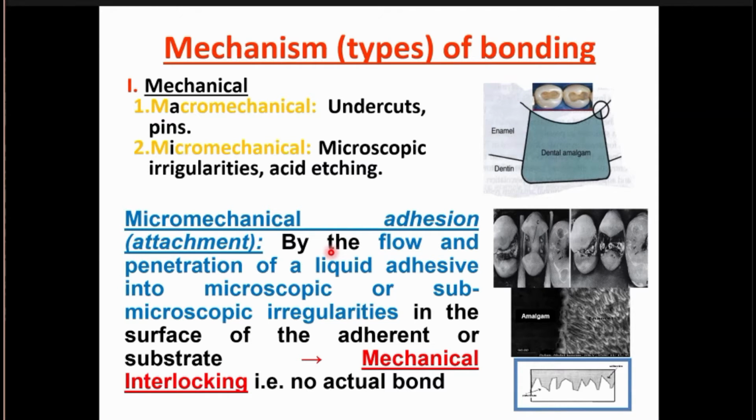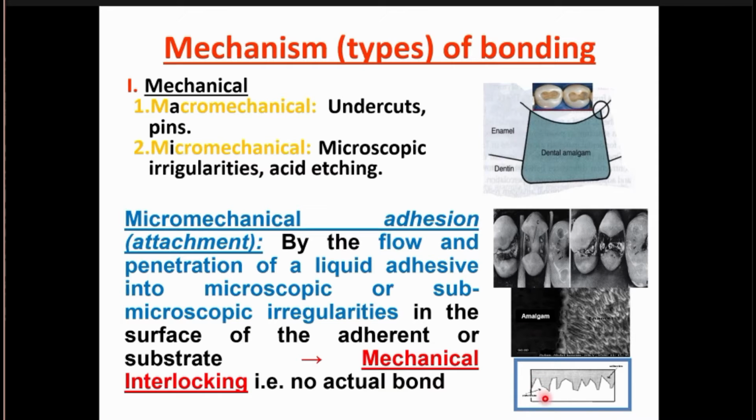In case of micromechanical, we treat a surface to make pores on the surface, microscopic pores. We cannot see with naked eye, but microscopically there are irregular pores. And in these pores, our material interlocks.